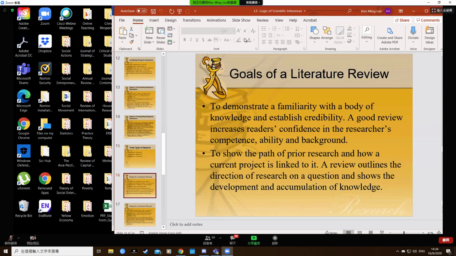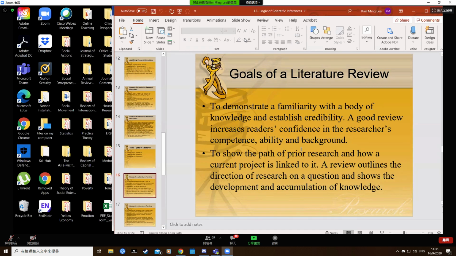And then we go to the literature review. It is essential for us to have a literature review. First of all, that is to demonstrate a familiarity with a body of knowledge and establish credibility. For example, if you want to write a research proposal, you need to tell people that you are familiar with the literature, familiar with the study, so that they have confidence in your research.